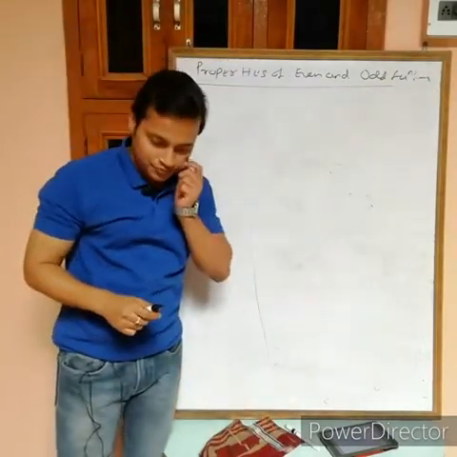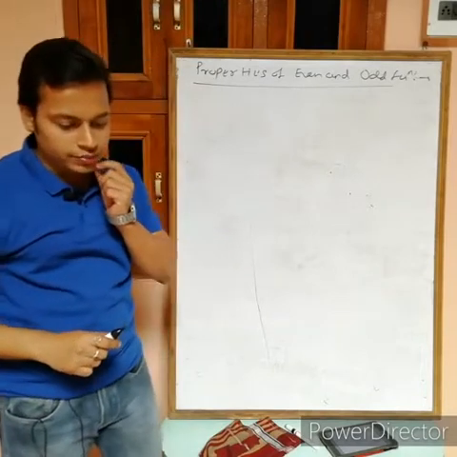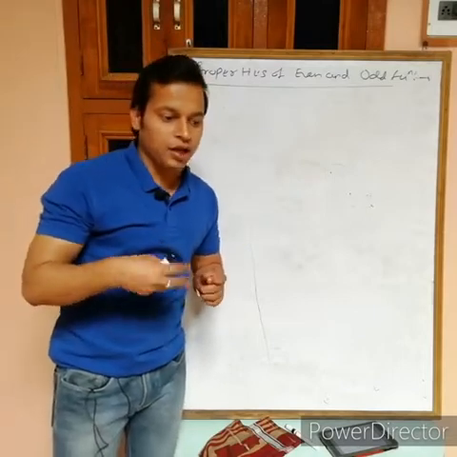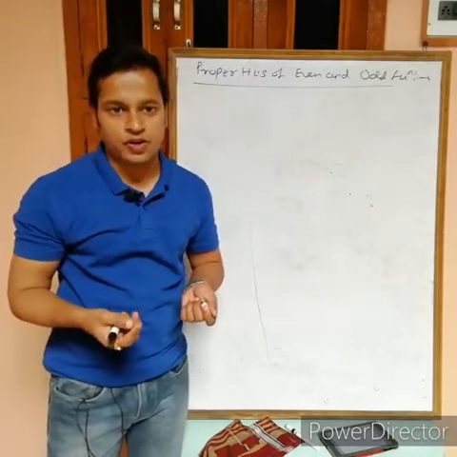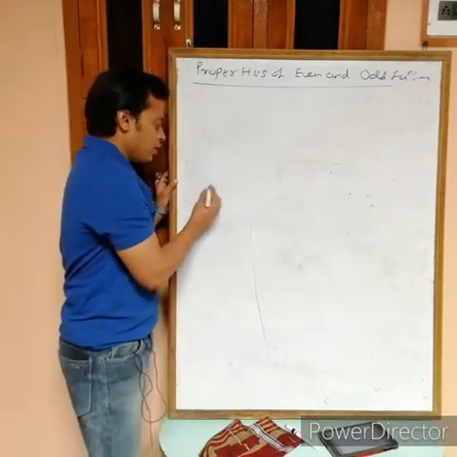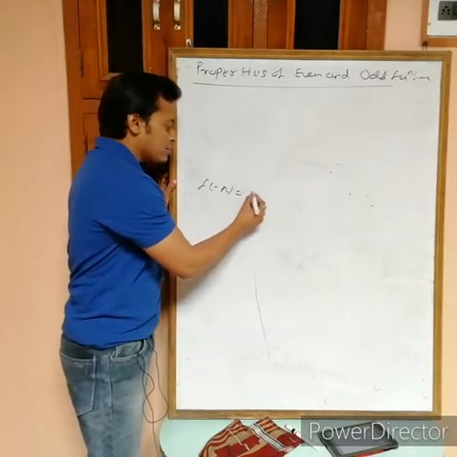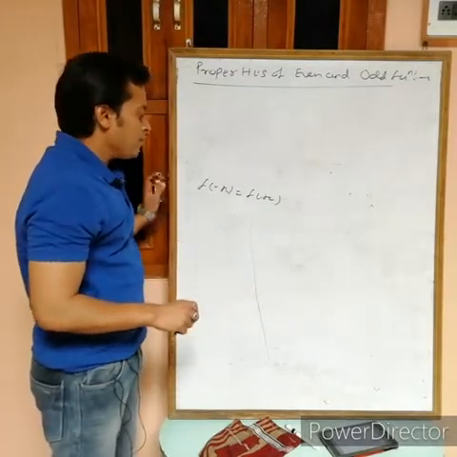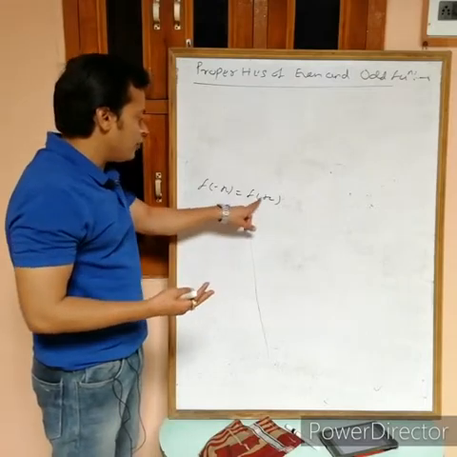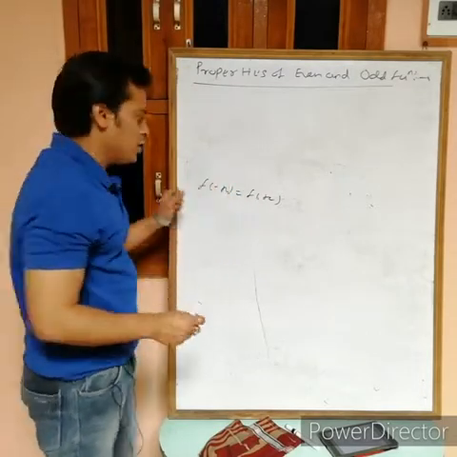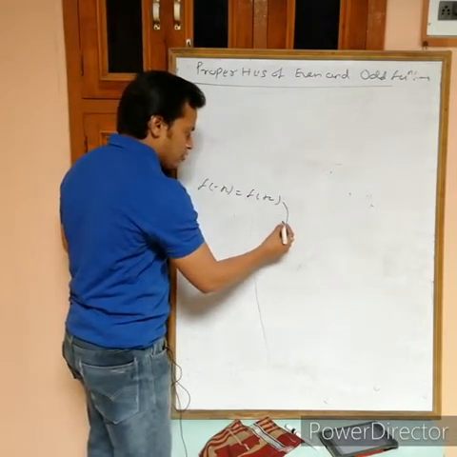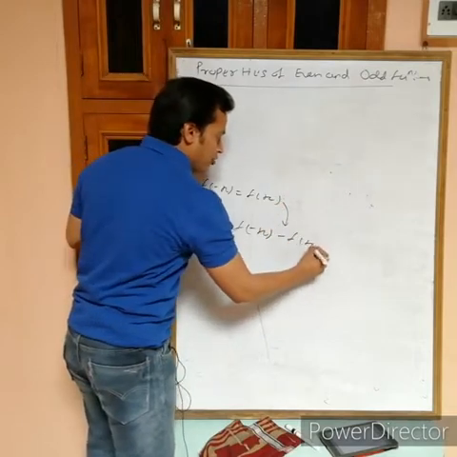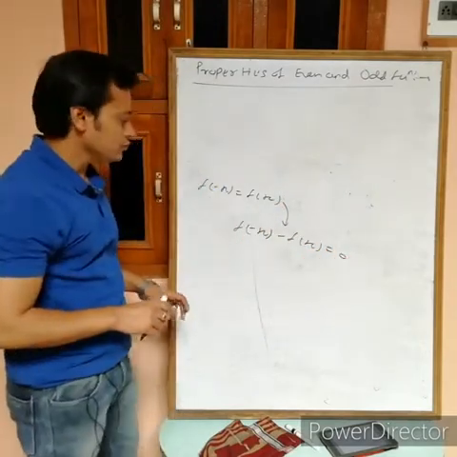First property. In some questions, it is not easy to prove that f(-x) = f(x). We know the definition of an even function is that if f(-x) = f(x), then the function is even. But sometimes we can't easily prove that, and in its place it is easy to prove that f(-x) - f(x) = 0.